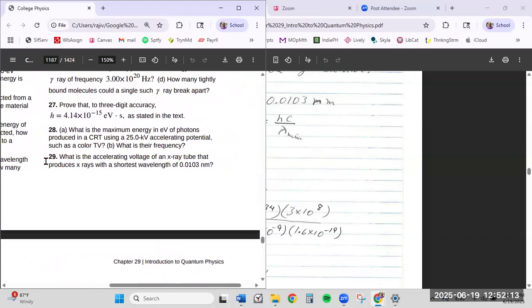So in this problem, what is the accelerating voltage of an X-ray tube that produces X-rays with the shortest wavelength of 0.0103 nanometer? Shortest wavelength corresponds to largest frequency. So basically, we're looking for the equation for maximum frequency.